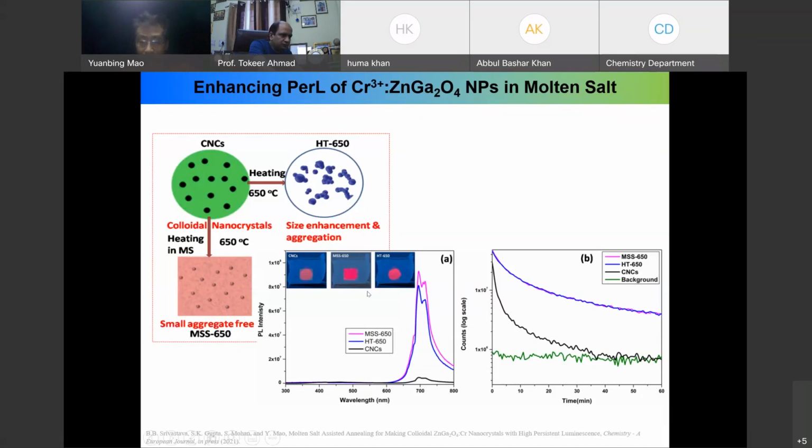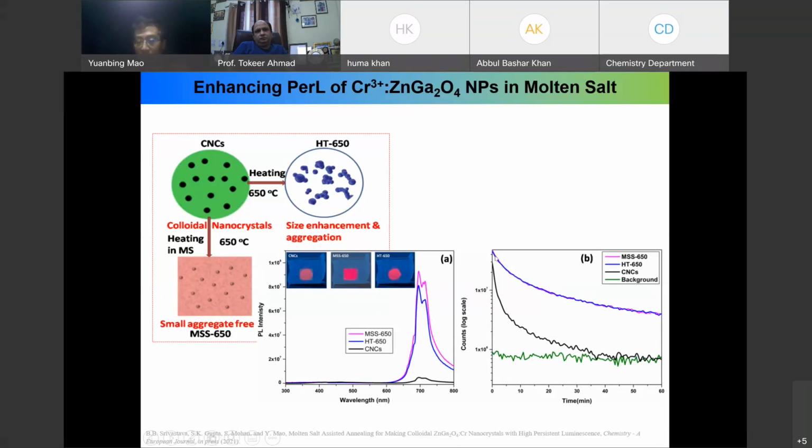And the luminescence and the persistent luminescence for the particles after these two annealing processes show quite similar results. So that's one important aspect, right?